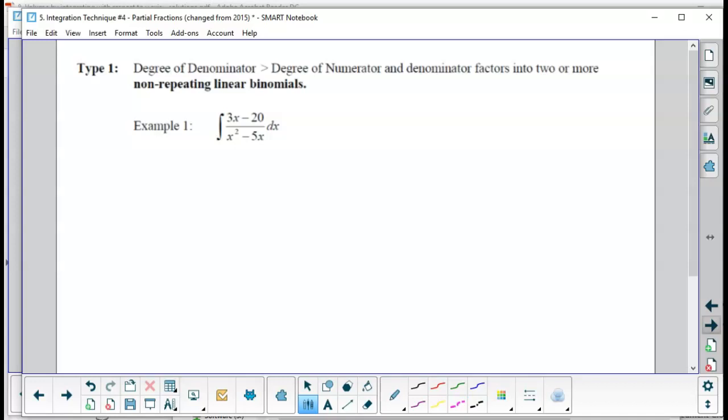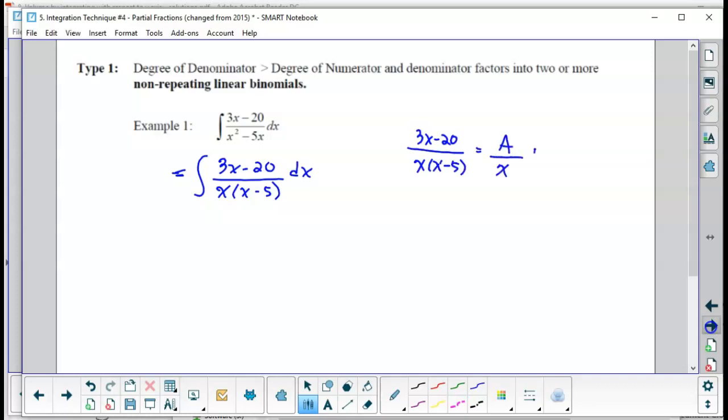This factors, okay, and so basically, I guess you could do the factoring first, okay, to know that they're non-repeating. So now I do the work on the side. Don't do it all within the integral, right? So (3x − 20)/(x(x − 5)) equals something over each of the factors. Doesn't matter which one.